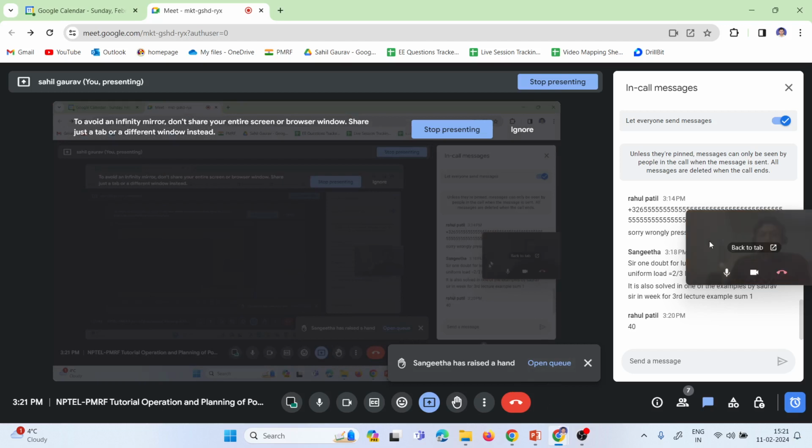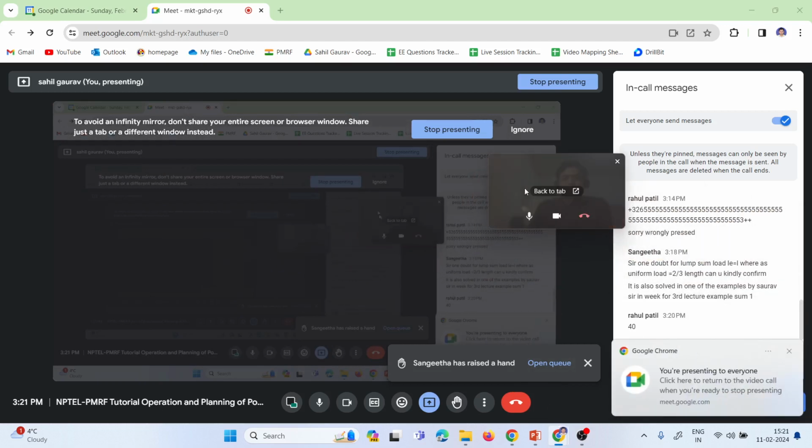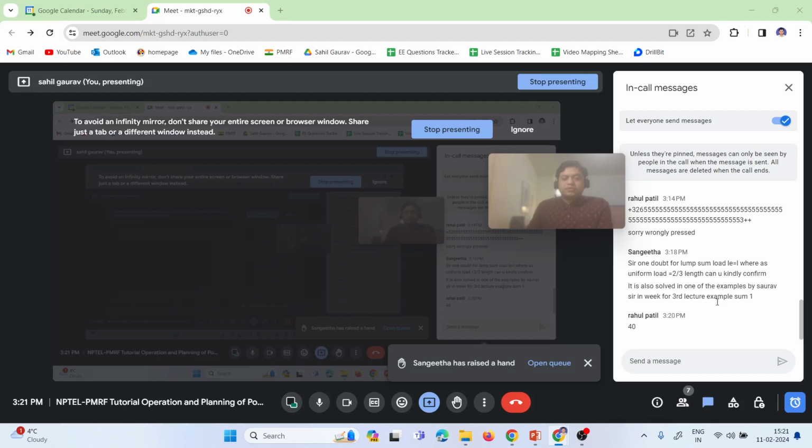Sangeeta, do you have any doubt? Yeah. So she has a doubt: for lump load, L is equal to L, whereas in uniform load 2 by third length. Can you kindly confirm? It is also solved in one of the examples by Saurabh sir in week 4 third lecture. I'm not getting your problem. Can you elaborate, Sangeeta?